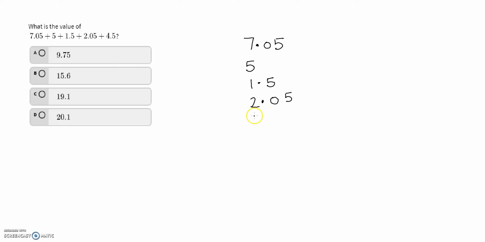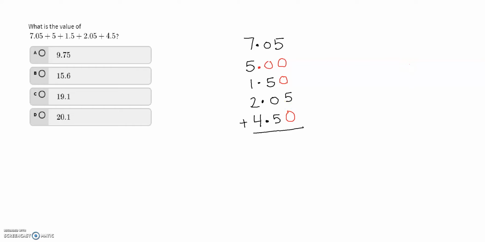Then the next number is 4.5, and I have to add these numbers. As you can see, there are some blank spaces, so I will fill those spaces with 0. I can make this a decimal number. I can add 0 here. I can add 0 here.